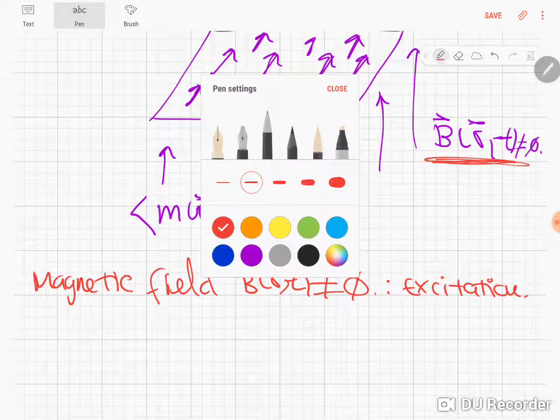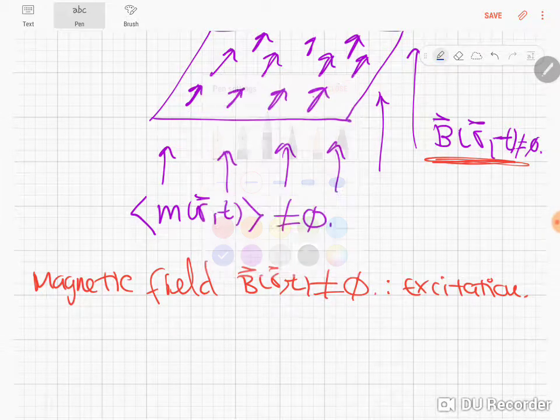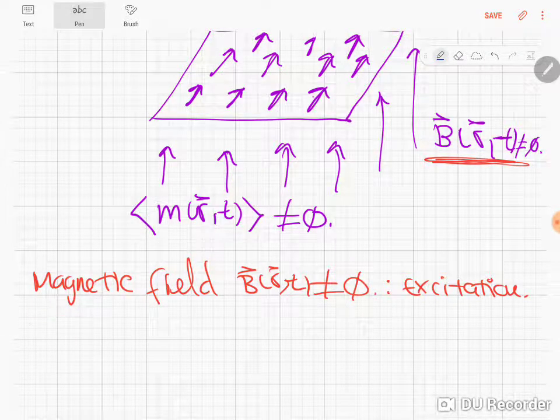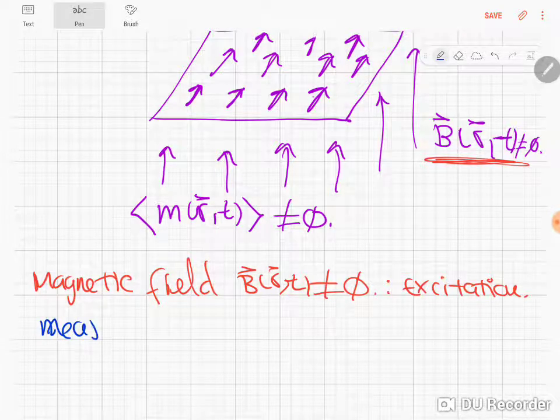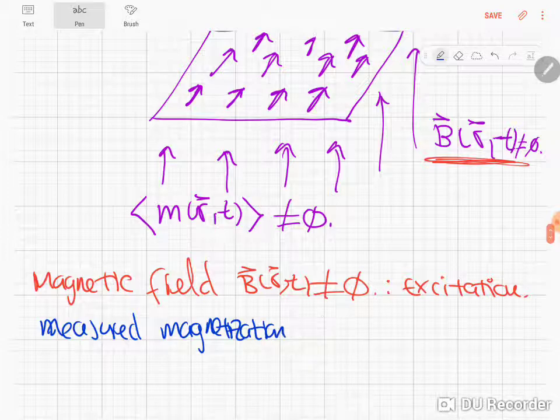And we can say that the measured magnetization, which is M of R comma T different than 0, is the response.